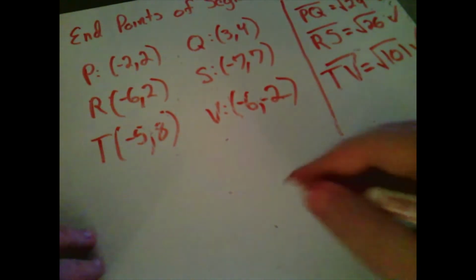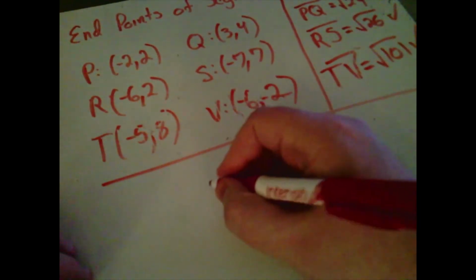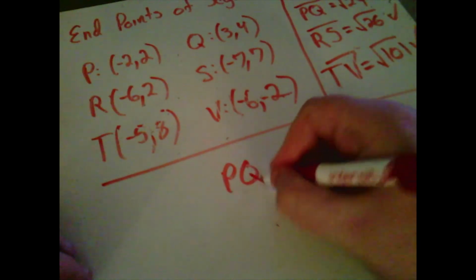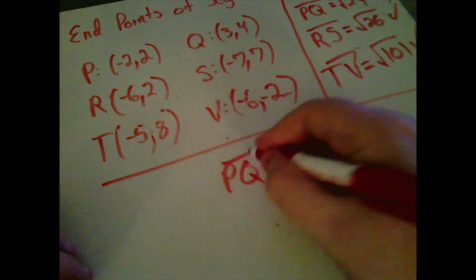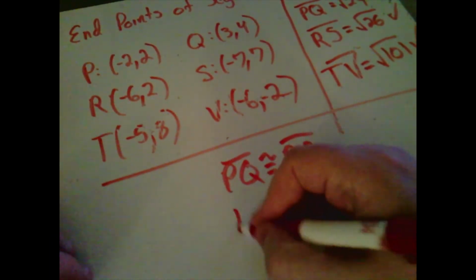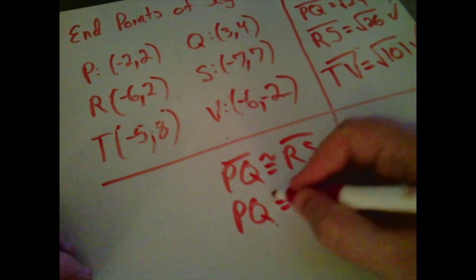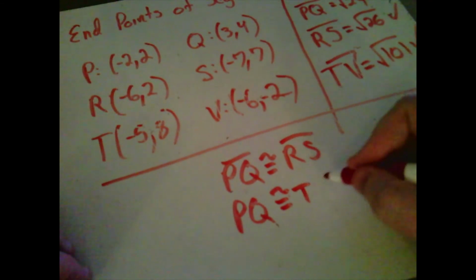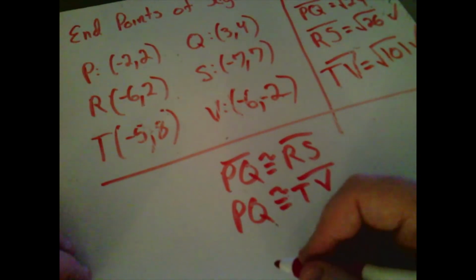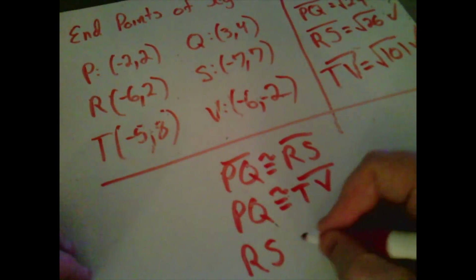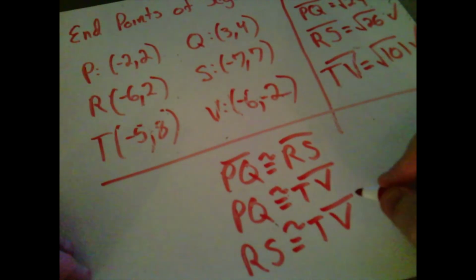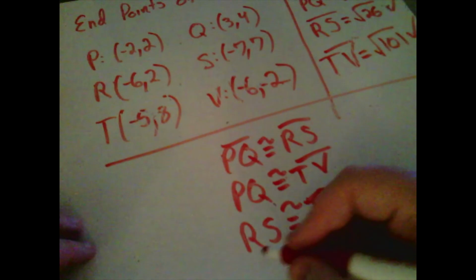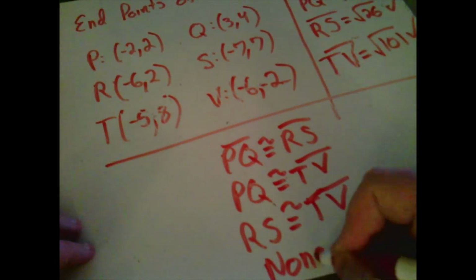PQ is congruent to RS. PQ is congruent to TV. And lastly, RS is congruent to TV. They give us a last option, which is none of these are true. We're supposed to select which ones are true.